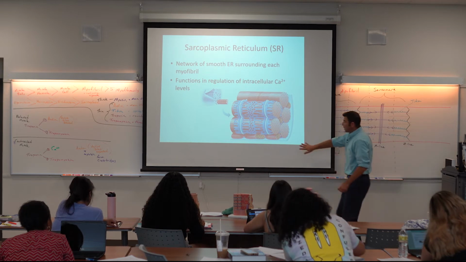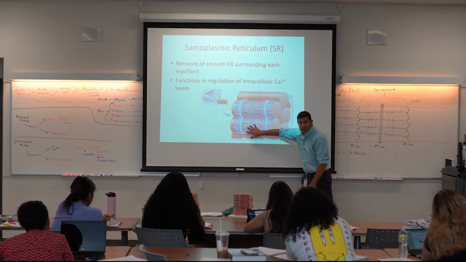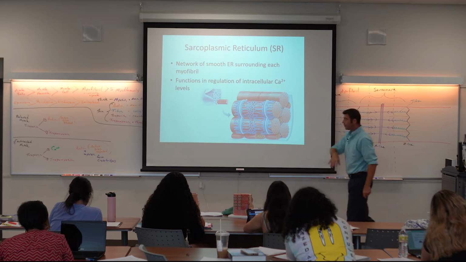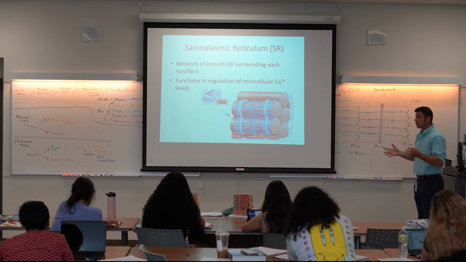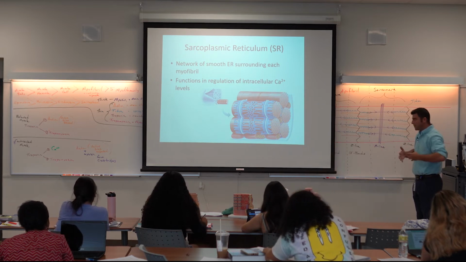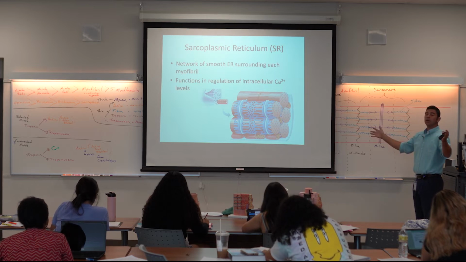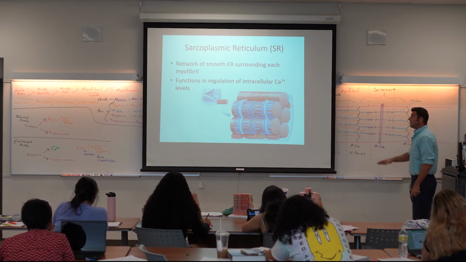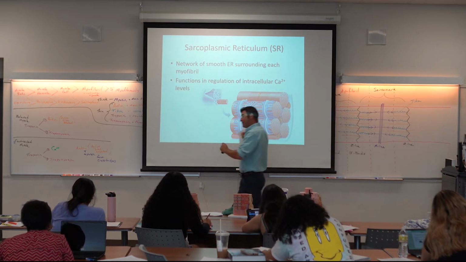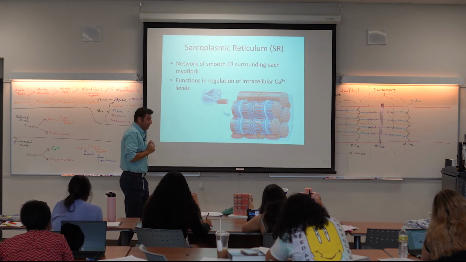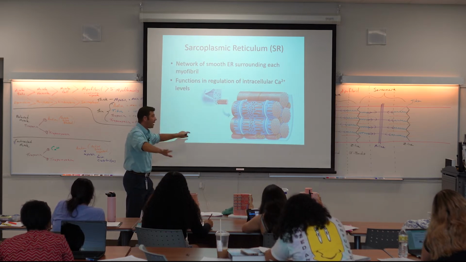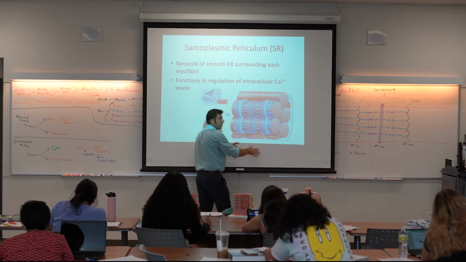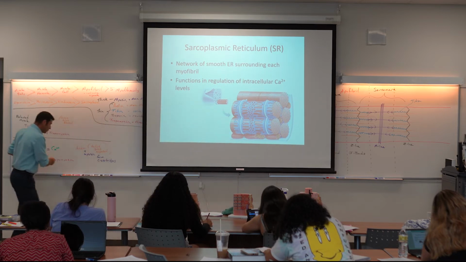It actually has these voltage-gated channels that are all along the surface of that sarcoplasmic reticulum. And voltage-gated channels, like their name tells you, if they're hit with an electrical current, they open or close. So these organelles can very rapidly, if they sense an electrical current, shower calcium ions into this sarcoplasm. That is going to lead to muscle contraction.